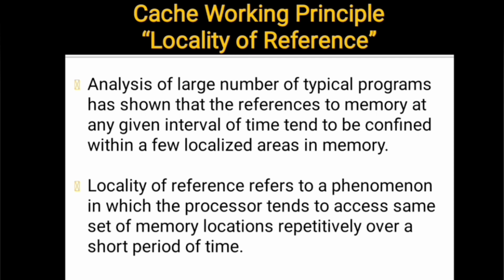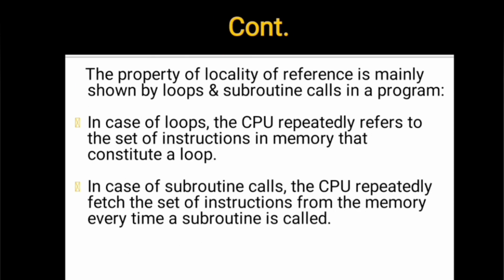It means that locality of reference is a phenomenon in which the processor tends to access the same set of memory locations repeatedly over a short period of time. So those memory locations which are repeatedly referred to by the processor become the localized areas, and hence we call it locality of reference.